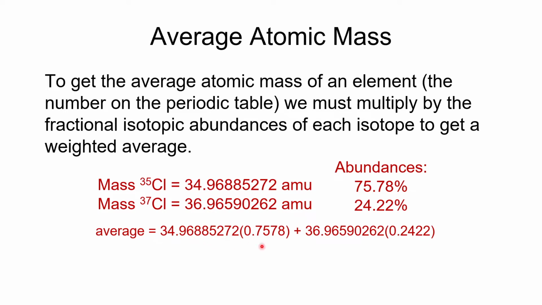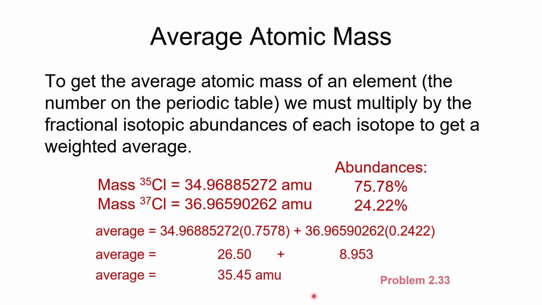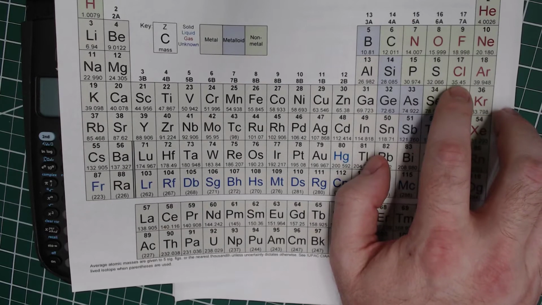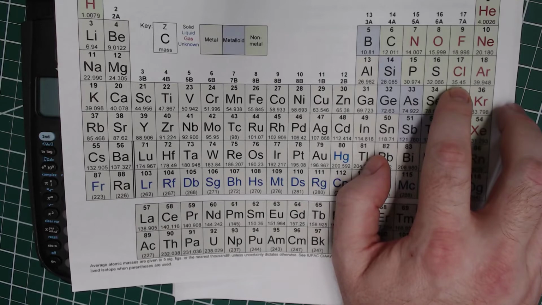Since this has a whole bunch of sig figs, this only has 4. That means the number that you get here is only going to have 4 sig figs. And then we will add those numbers together. When we add those numbers together, this one goes to the hundredths place, that one goes to the thousandths place, so we would round it to the hundredths place. And so that is how we get that 35.45.